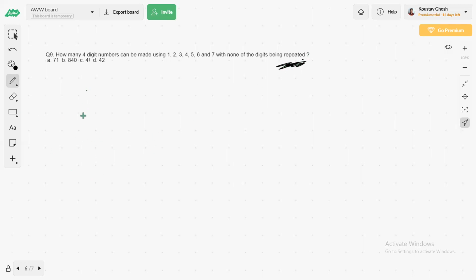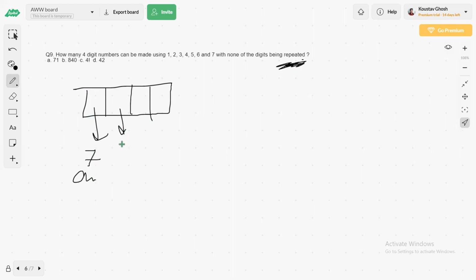Okay. So there are 4 digits places: 1, 2, 3, and 4. Okay. So in the first, there are 7 choices, as there are no repetitions. Then if one is occupied, there are 6 choices, then 5 choices, and in the last there are 4 choices.